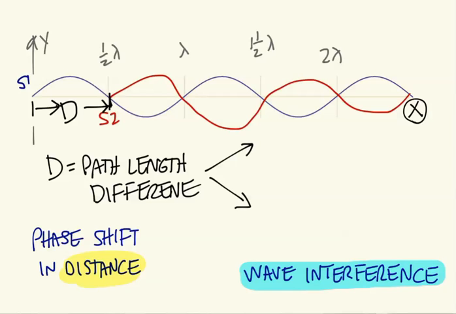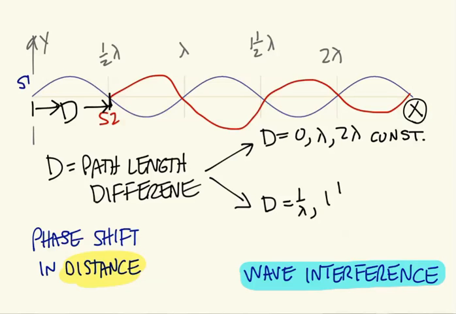Of course, you can have all kinds of odd amounts in between, but in even amounts, if D is equal to 0 or a wavelength or 2 wavelengths, you know that you're going to have constructive interference at the location of the observer. If D, in other words, these shifts, are equal to 1/2 of a wavelength or 1.5 of the wavelengths.